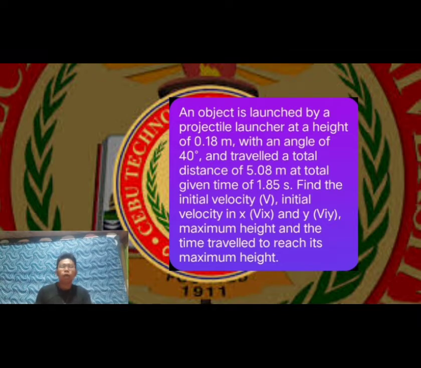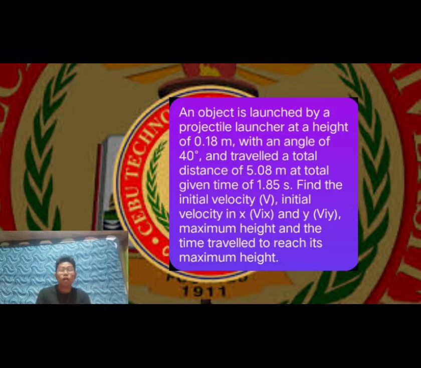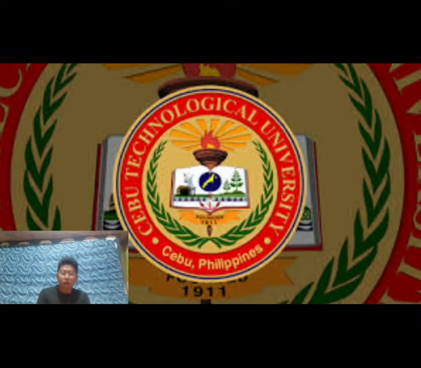Now we need to find the initial velocity at x, the initial velocity at y, the maximum height, and the time traveled as it reaches the maximum height. First, we need to find the initial velocity.